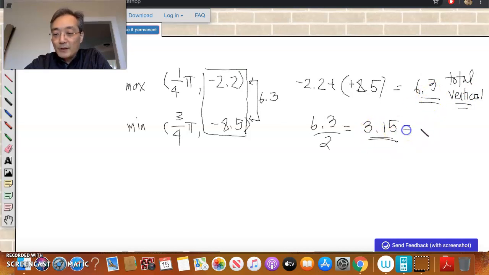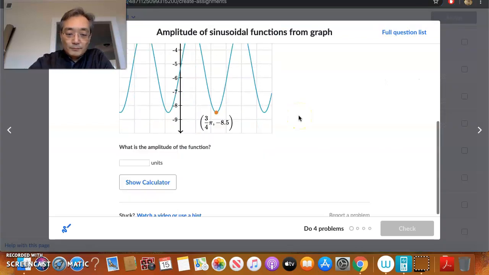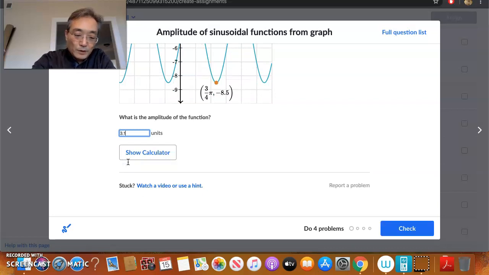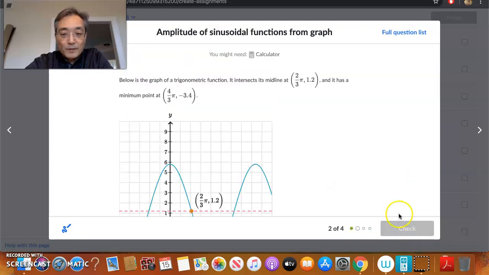So that should be our amplitude. Let's check. 3.15. And that is correct.